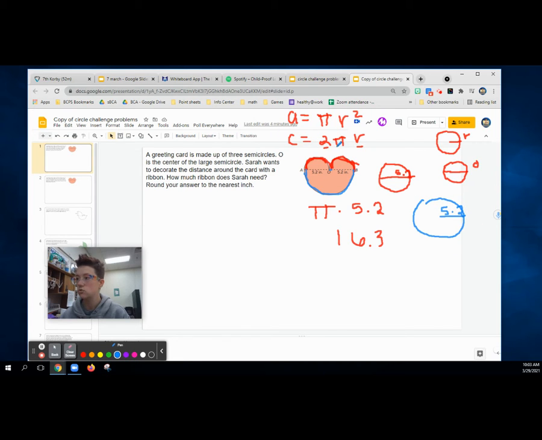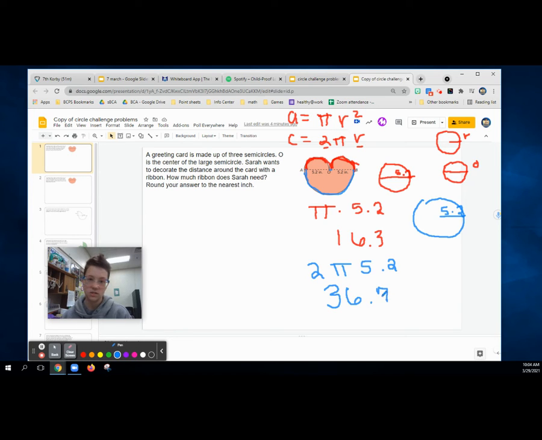It's equal to 2 times pi times r. And again, I'm going to use the pi button, but if you don't have it, that's okay. Use 3.14 instead. That gets me 36.7.